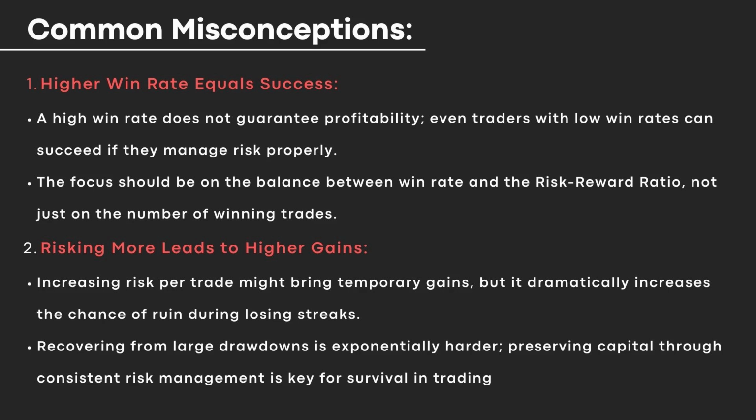Recovering from a large drawdown isn't just a simple matter of making back what you've lost. It's exponentially harder because you are working with a smaller base of capital now, and your mental and emotional state is also vulnerable and fragile, which can lead to really irrational, impulsive decisions.